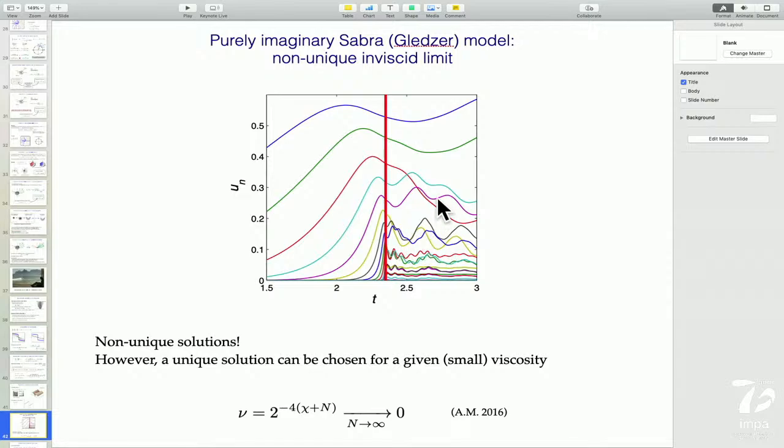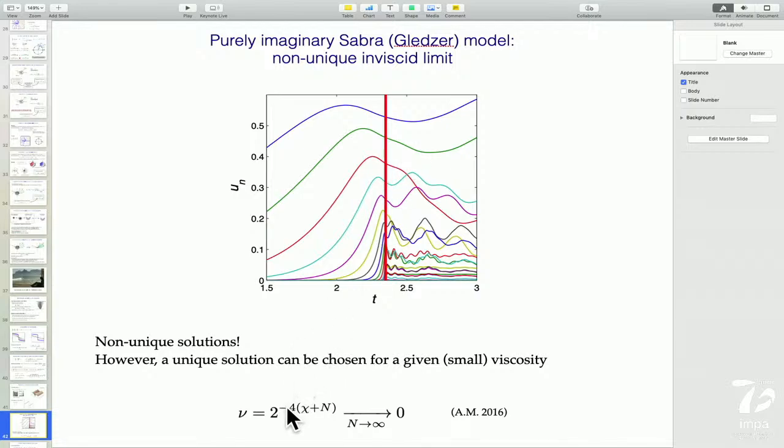If you take a different viscosity, also very small, you will have exactly the same behavior before, but a very different behavior after. What you can actually see is that if you take viscosities which go to 0 as a power of 1/16, so power of -4 multiplied by an integer number, in this case it converges.